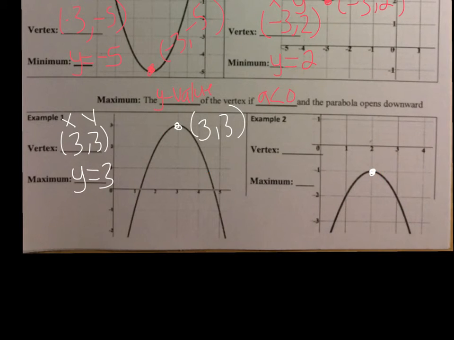So our vertex would be 2, -1. And our maximum value is the y value of the vertex, which is -1.